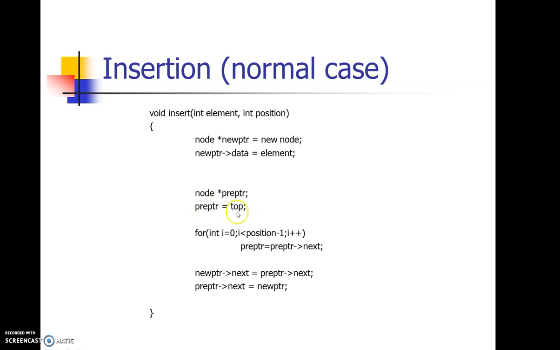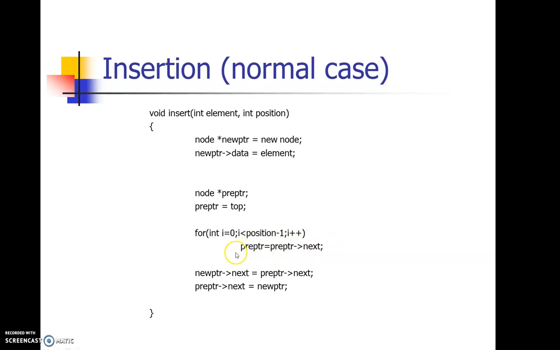And then, just like the traverse operation, we need to walk through items one by one until it stops at the position minus 1, indicating where the pre-PTR is supposed to be, and the new element we want to insert is after this pre-PTR location. So we have pre-PTR equal to pre-PTR next, which gives us the location of the movement, and we will be able to move to that location.